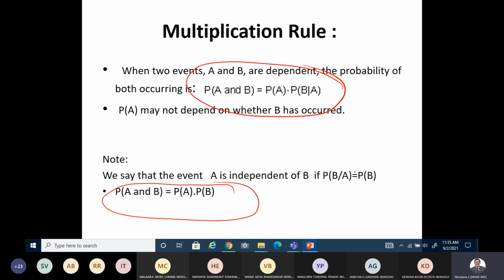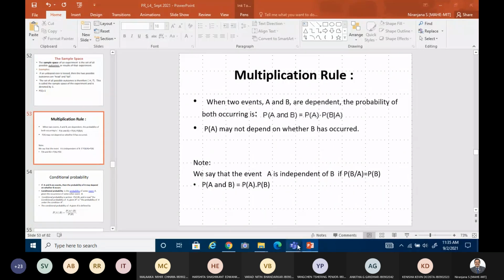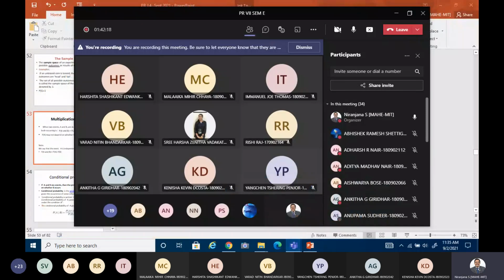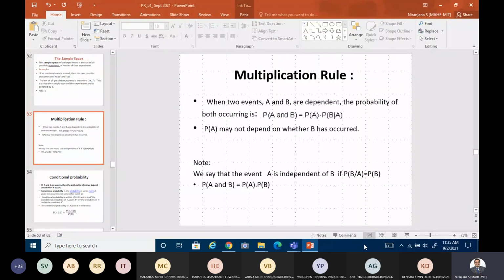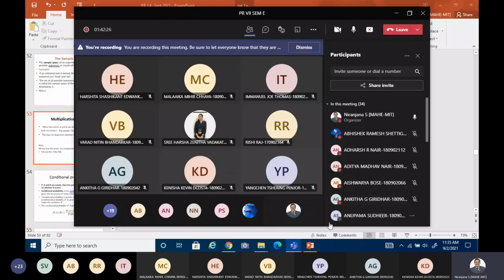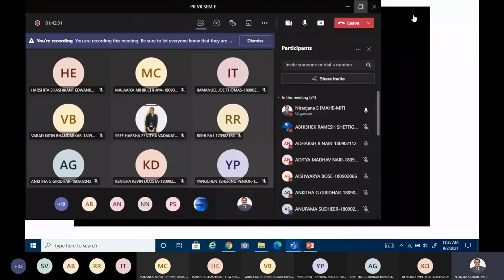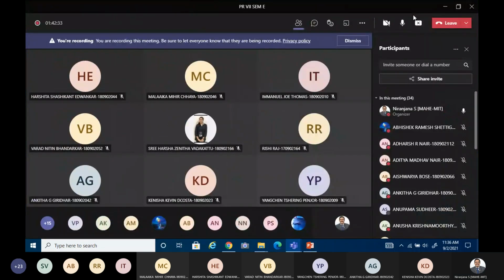Now, can anyone unmute and read this? Rishiraj, can you see my slide?